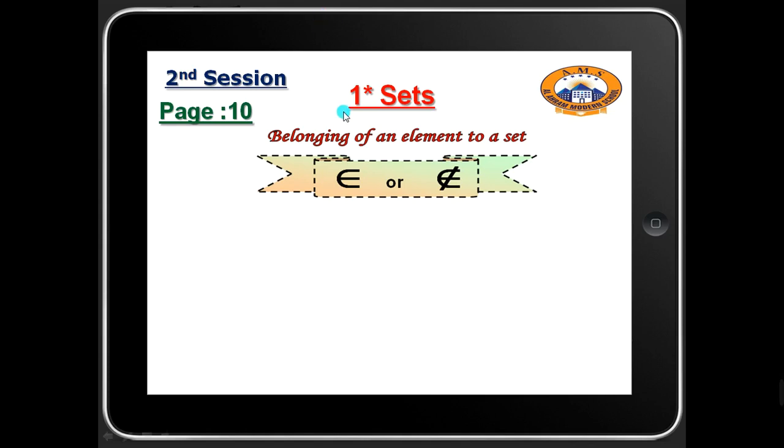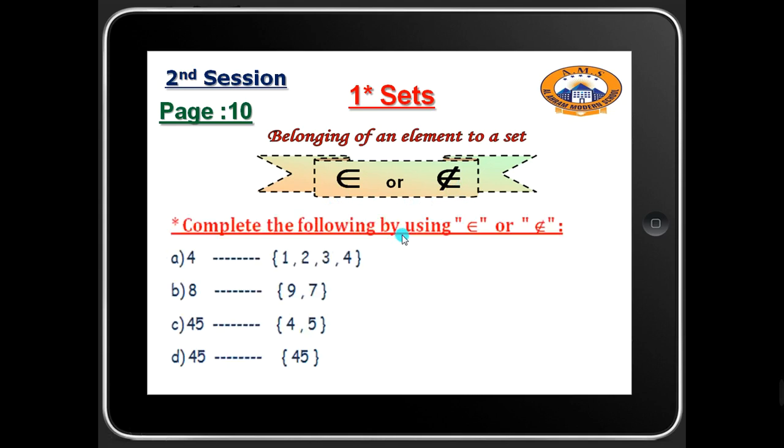We have these two symbols: the first one is "belongs to", and the second one is "doesn't belong to". So when we have an exercise like this in your mini booklet, page 10, complete the following by using belongs or doesn't belong. Belongs and doesn't belong deal with the elements which make a set.